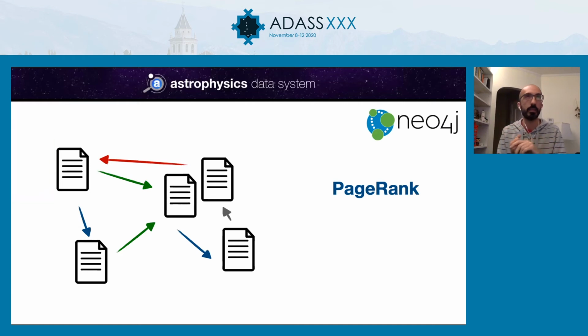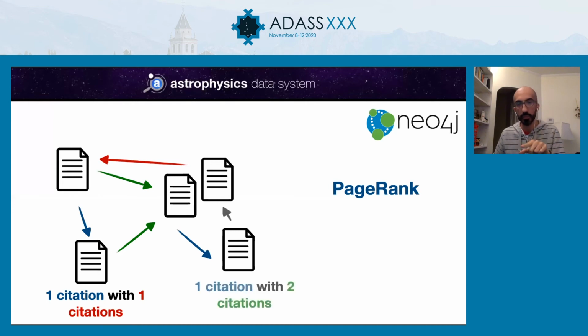By this I mean, for instance, you know that if you go to ADS and search for something, you can just sort your results by number of citations. With PageRank, we would not just stop at the first level of citations. For instance, if we check the document at the bottom, we see that this document has one citation coming from a paper that has also one citation.